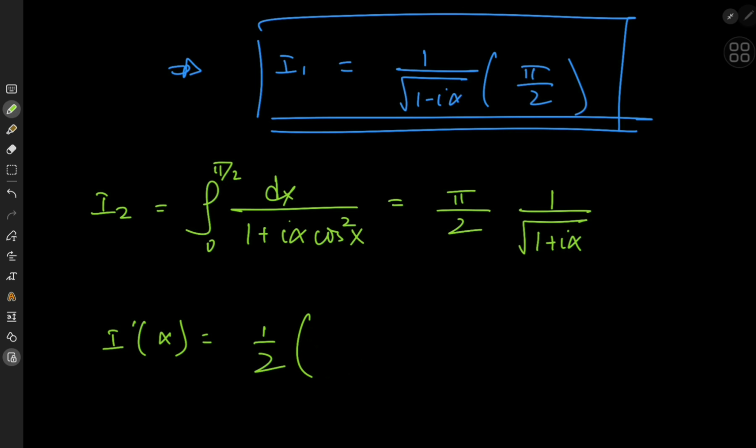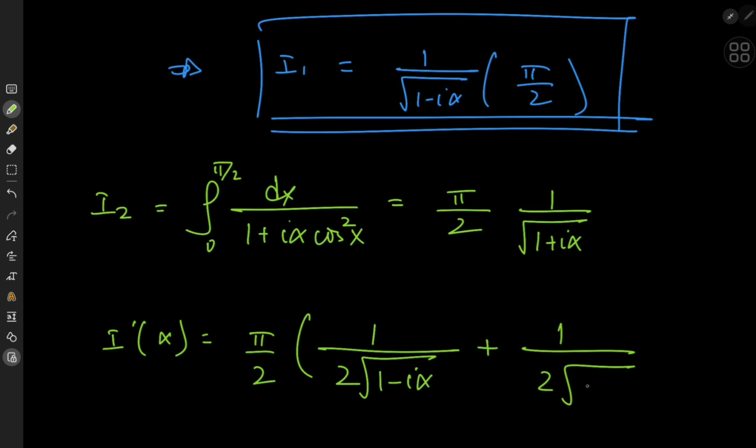So that means we could factor out pi by 2, meaning that we have pi by 4 here. No, wait, I'll keep one factor of 1/2 with these two terms. I have 1 by 2 times root 1 minus i alpha plus 1 by 2 times root 1 plus i times alpha.